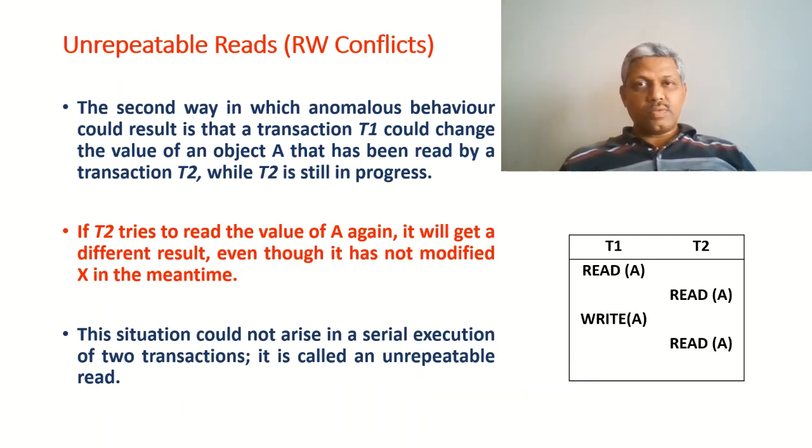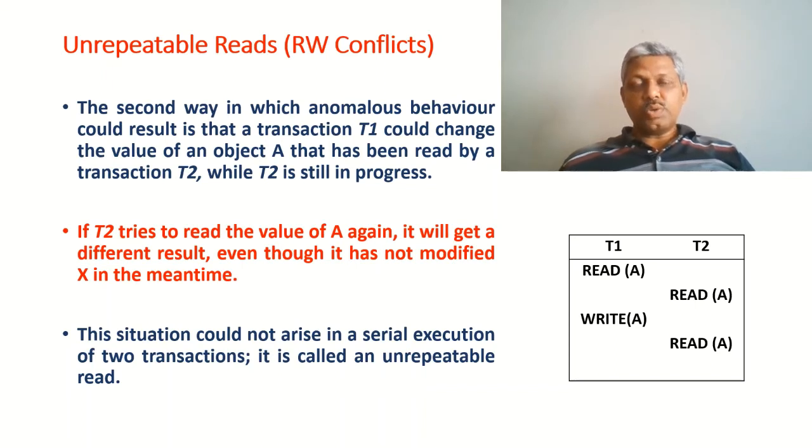T2 has read the value of A, and meanwhile T1 has written the value of A. If T2 wants to read the database value again, it may get a different result, because in the first read it read the value of A before any changes had been made on A.